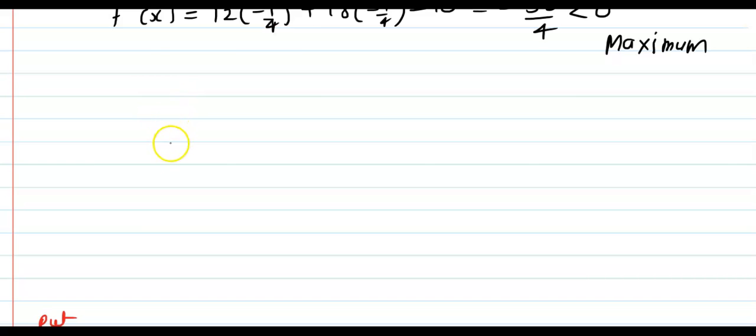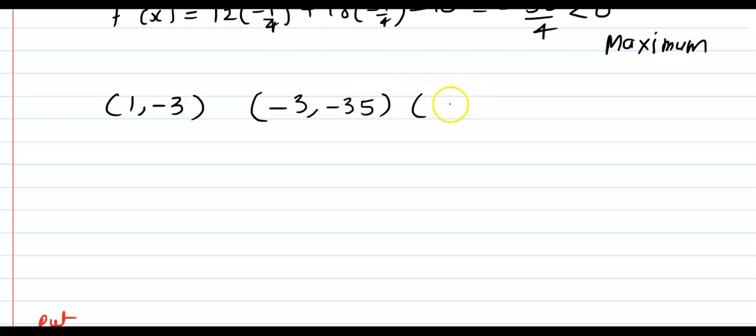Our first point was 1 and minus 3. Second point was minus 3 and minus 35. And the third point was minus 1 over 4 and 357 over 256.